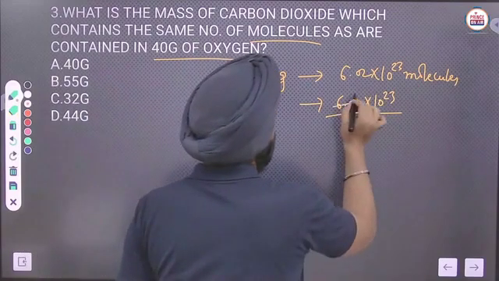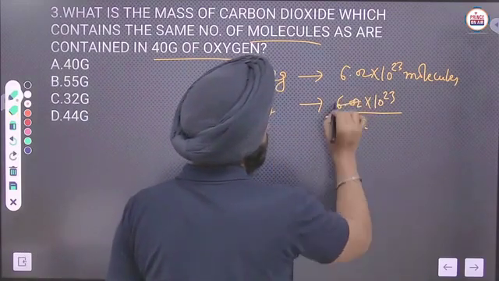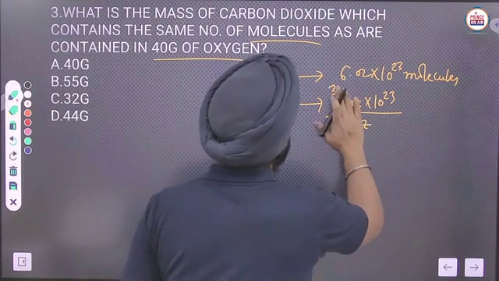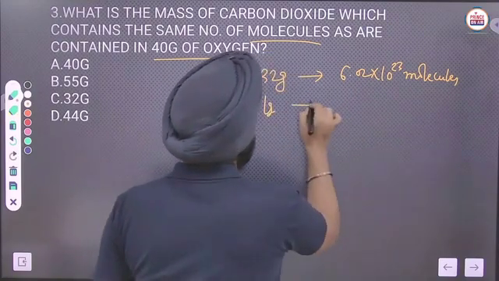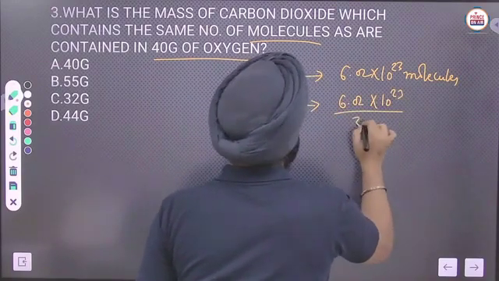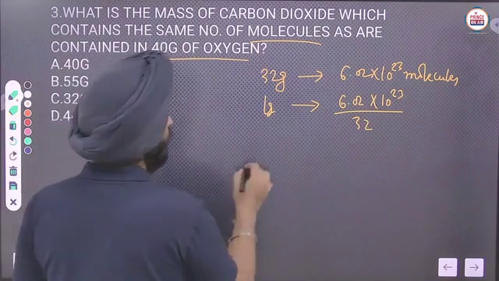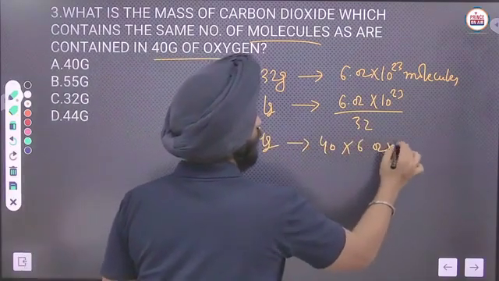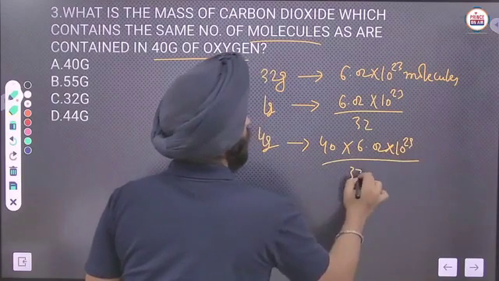So here it should be 6.02 into 10 raised power 23 upon 32. We are having 40 gram, so it comes out to be 40 into 6.02 into 10 raised power 23 upon 32.